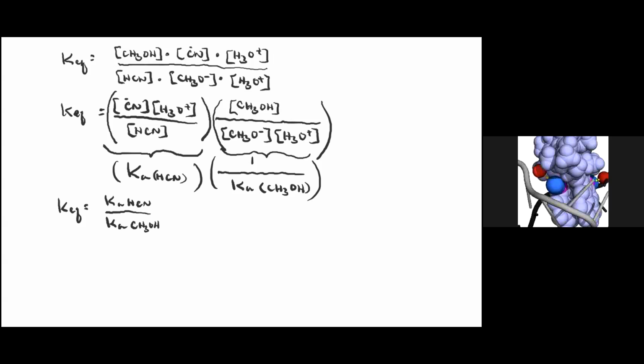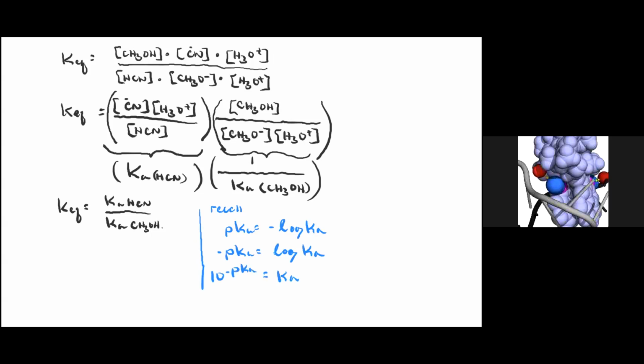And then remember, let me draw this little side bit here, that pKa equals minus log Ka, and so minus pKa equals log Ka, and Ka then is 10 to the minus pKa.